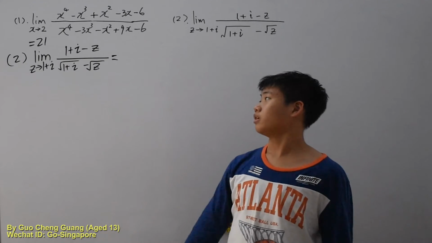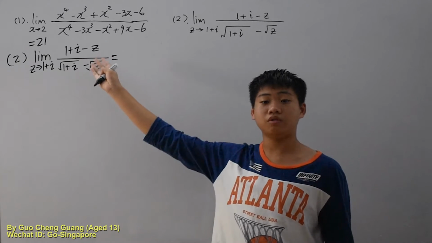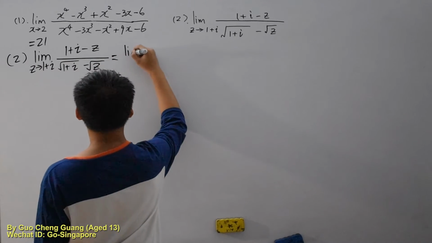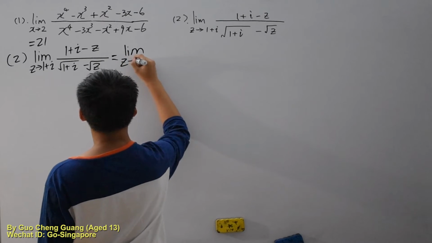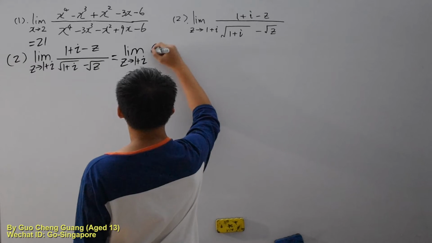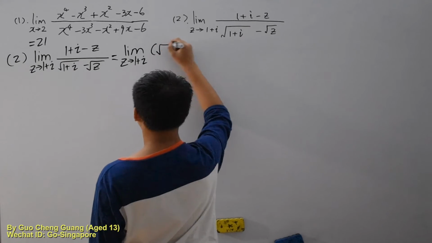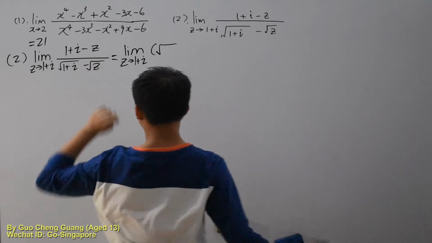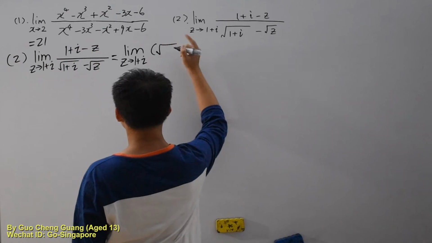But actually, factorization and rationalization over here, the usage is pretty much the same. So let me just show you factorization. So you're just taking this as a squared minus b squared. Just factorize it into a minus b and a plus b.